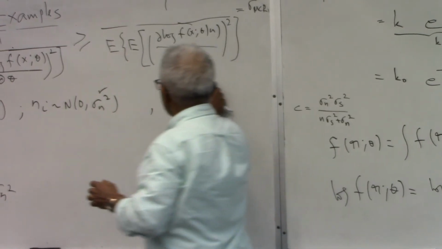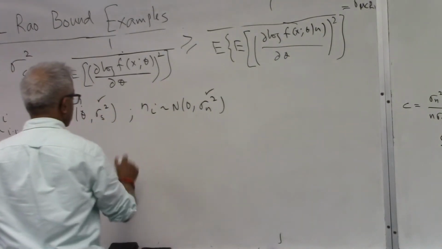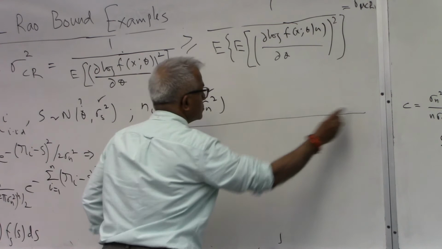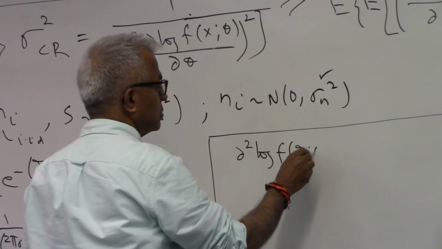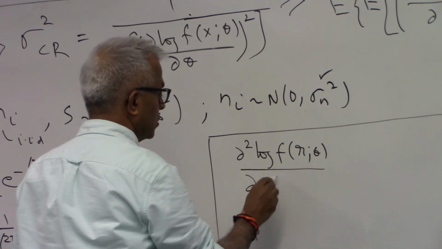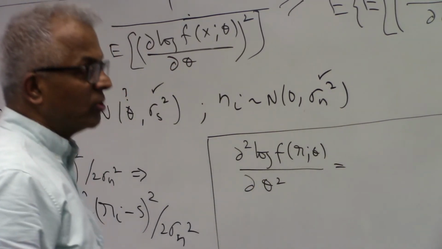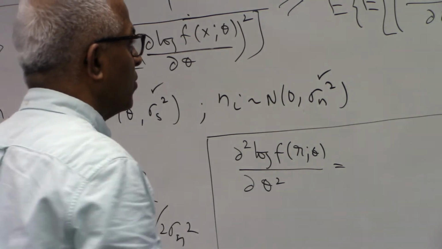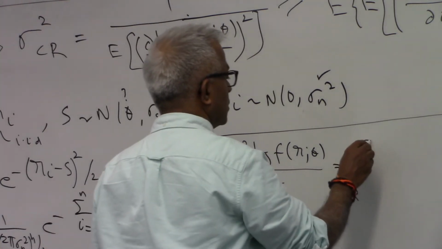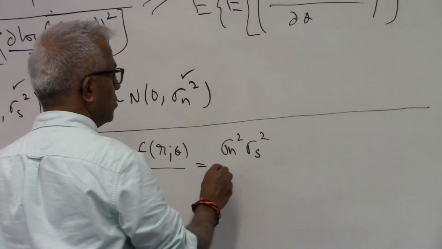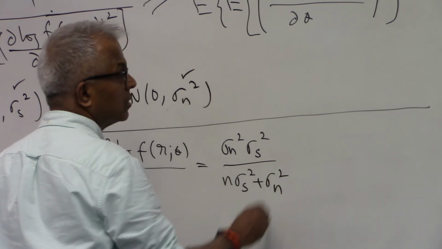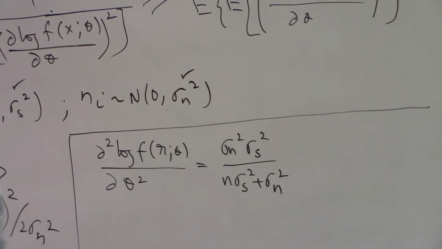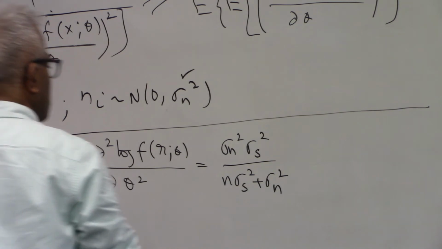So the second derivative of the logarithm of f, let me substitute for C. C is somewhere here, sigma n squared sigma s squared over n sigma s squared plus sigma n squared, multiplied by 1 over sigma s4.